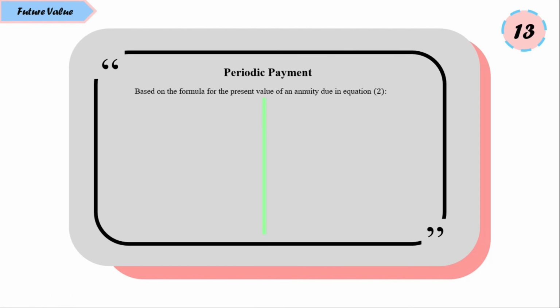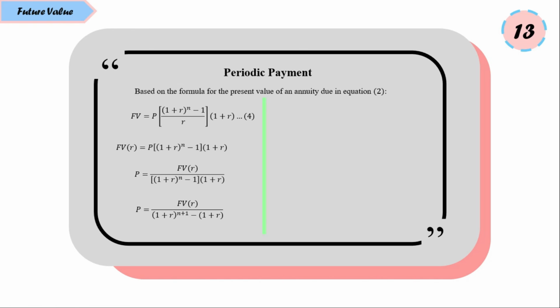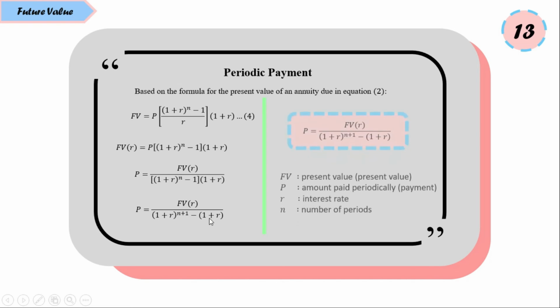Periodic payment, based on the formula for the future value of an annuity due in equation 2, we can get the formula of P equals future value times R divided by (1 plus R) to the power N plus 1 minus (1 plus R).